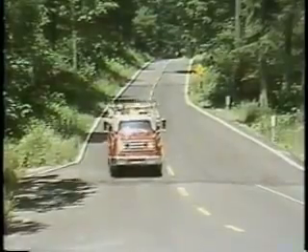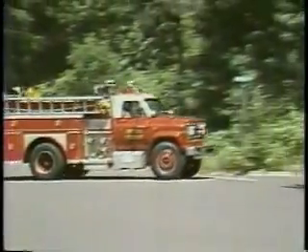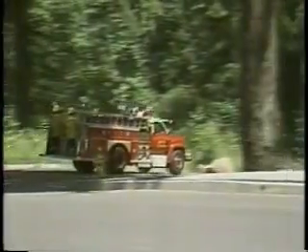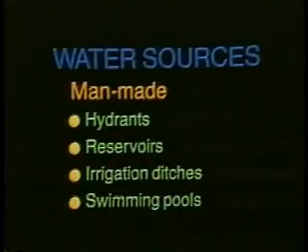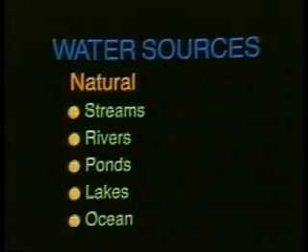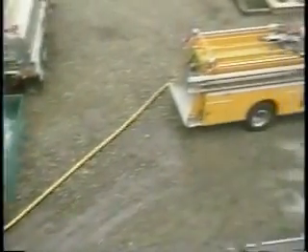In reviewing what we presented about hoses and nozzles, we pointed out that a water supply was one of the most important considerations facing an attack crew. Pumpers can receive water from a wide variety of man-made and natural water sources. Or water from any of these sources can be brought to the pumper by tankers.